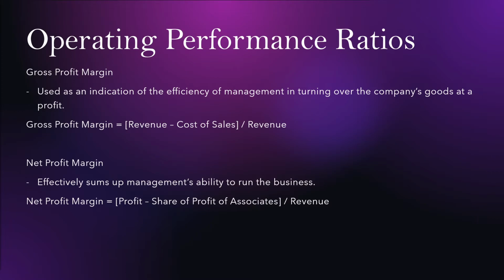And it is used as an indication of the efficiency of management in turning over the company's goods at a profit. Now, net profit margin is another ratio that helps evaluate management effectiveness. It is calculated as profit less the share of profit of associates and then divided by revenue.